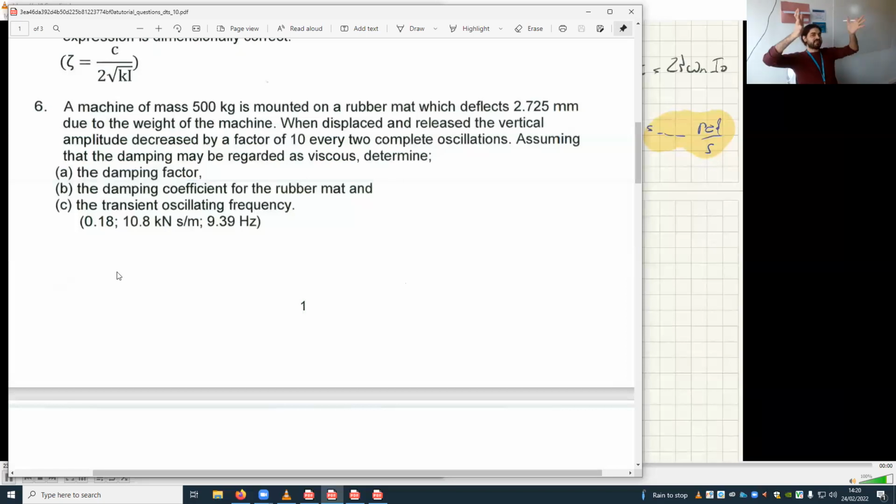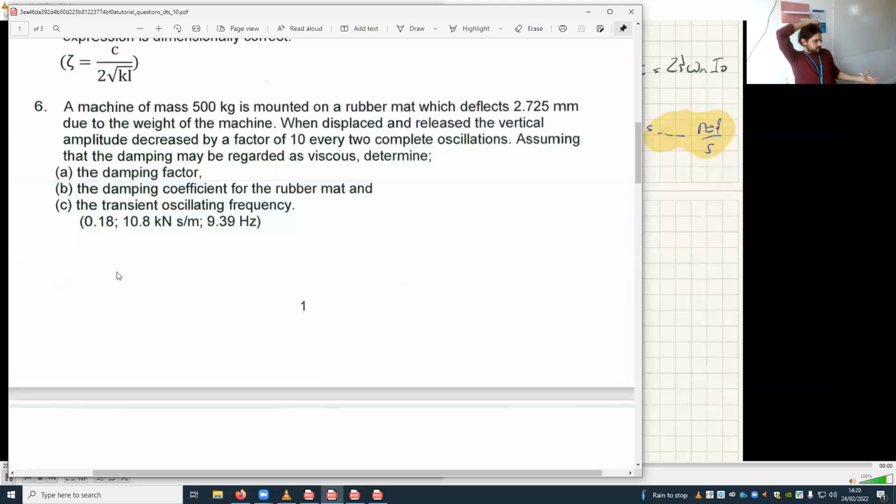But when we displace it and release it, the vertical amplitude decreases by a factor of 10 every 2 complete oscillations. That means that the ratio of not the successive amplitude, but the amplitude after that, is 10 to 1. So An divided by An plus 2 is 10.